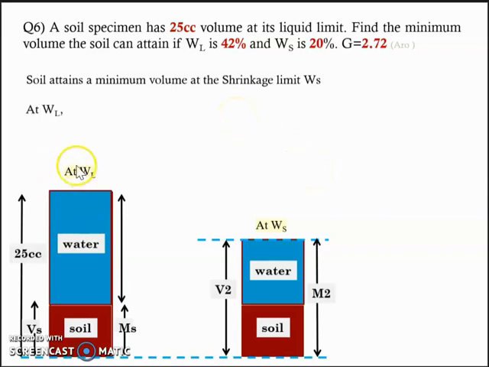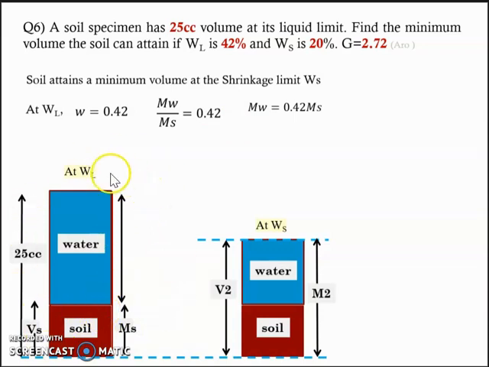Now at the liquid limit, we are given the water content 42% or 0.42. Now by definition, water content is mass of water by mass of solids. So mass of water by mass of solids is 0.42 here, which means mass of water equal to 0.42 times mass of solids.